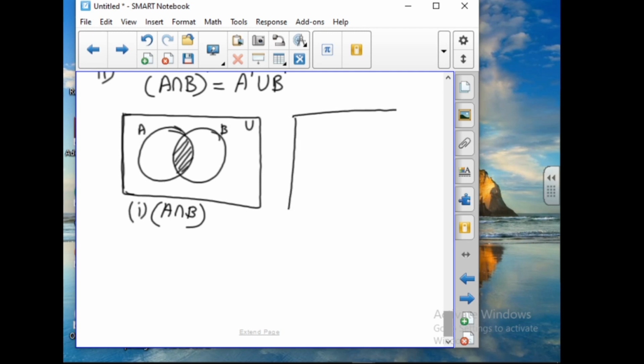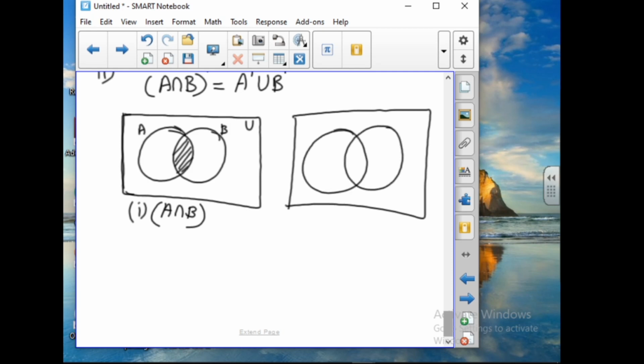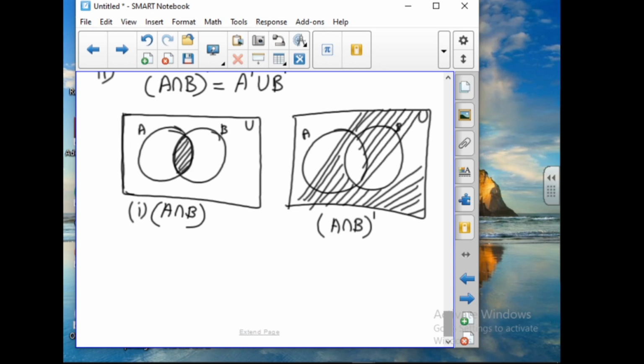Next, A intersection B whole dash. That means in the universal set, except this part, the A intersection B part, you have to shade everything else. Okay, this is your second diagram.